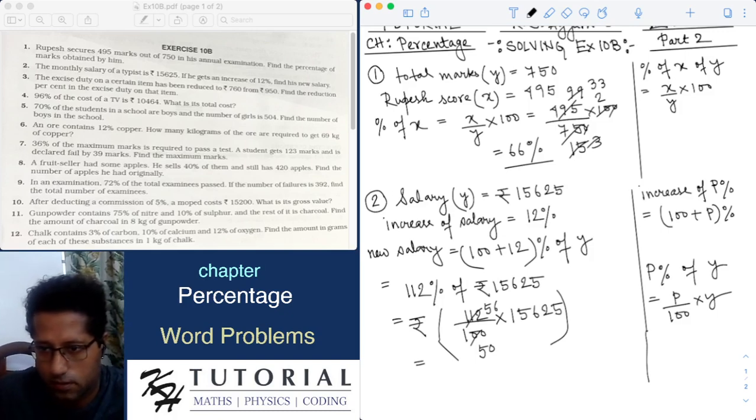So let's calculate how much is 15625 multiplied by 112.